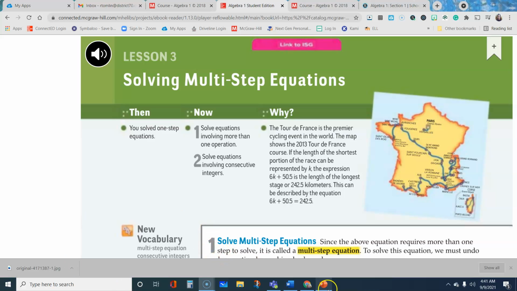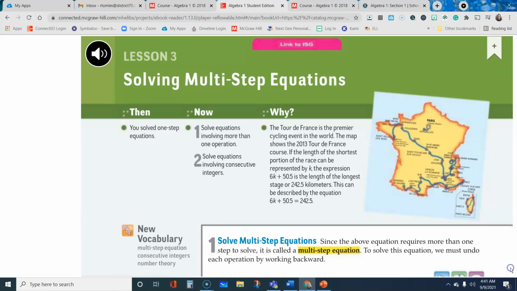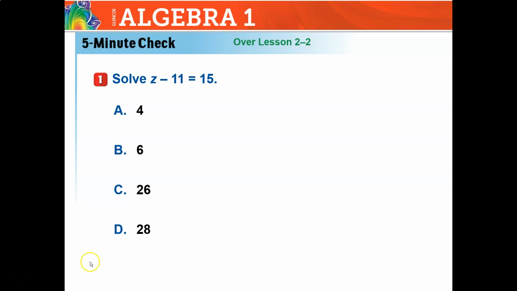Now we're going to be solving multi-step equations. Let's warm up first. Okay, let's solve z minus 11 equals 15. We're going to draw our line. Let's start on the side with the variable.